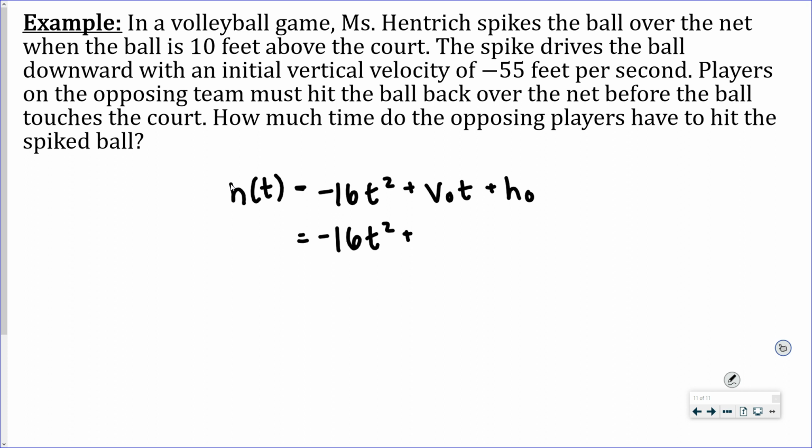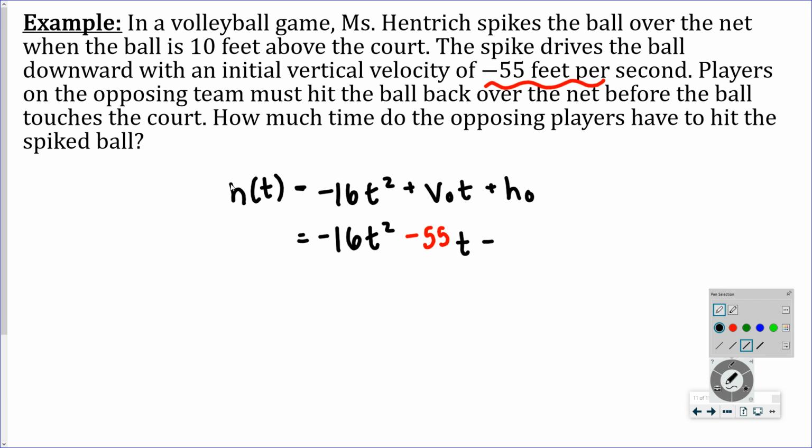What is the initial velocity of this ball? Negative 55. Good. It's coming down, so we represent that with a negative velocity. Negative 55 feet per second times time. What's the initial height of the ball? 10 feet is when I hit it.